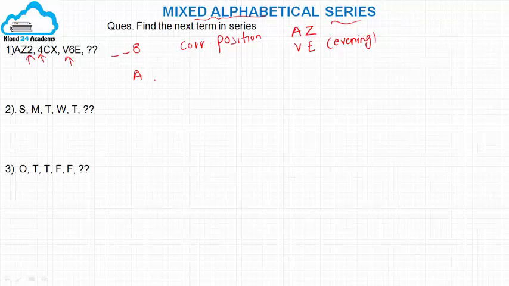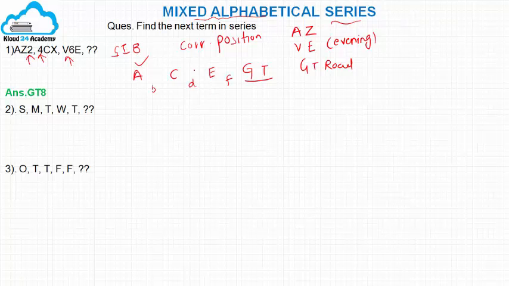So first was A, they missed B. Next there was C, they missed D. So next was E, we have to miss one alphabet here, F. So we'll have G here. So now the corresponding position to G is T, and the shortcut was GT road. So G and T will be here, GT8. So GT8 is the answer.